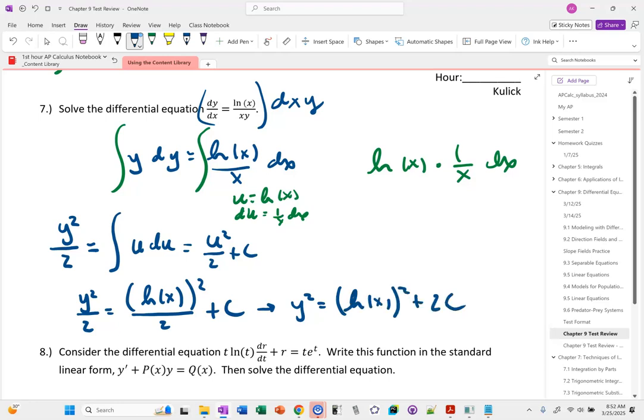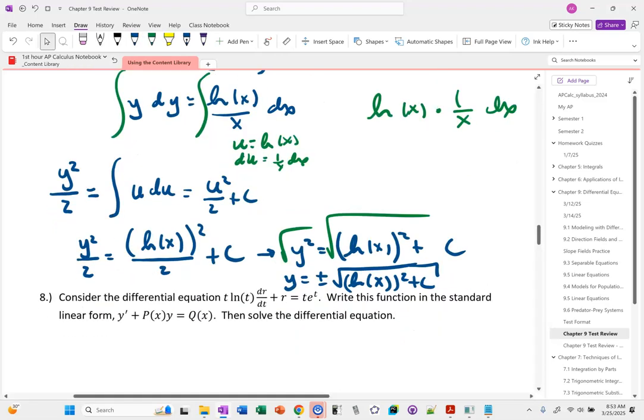Now I could write this as 2c, but 2 times a constant is still just a constant, right? So I'm going to drop it out of there, and then we'll just square root both sides. So far, so good?